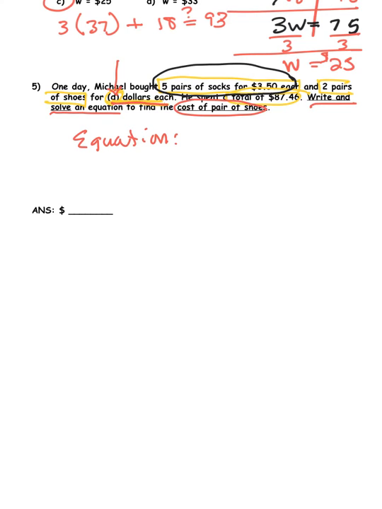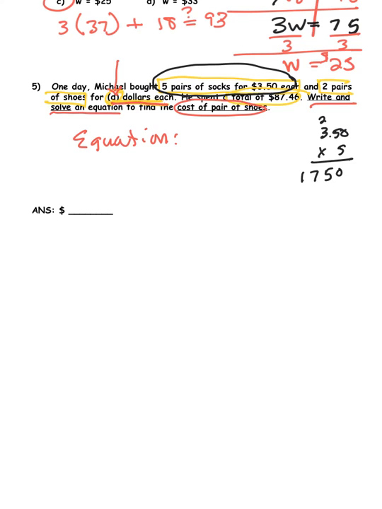So off to the side, I do know that if I take $3.50 times 5, that's going to give me the total cost of the socks. And so that won't be a mystery. 5 times 0 is 0. 5 times 5 is 25. Carry the 2. And 5 times 3 plus 2 more is 17.